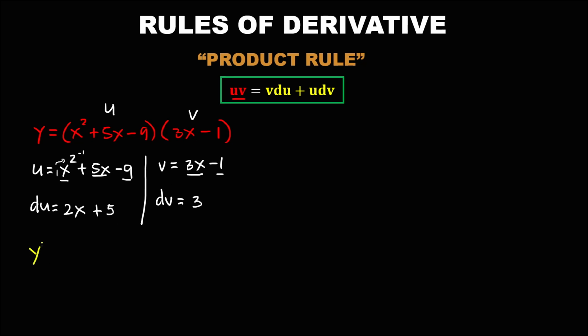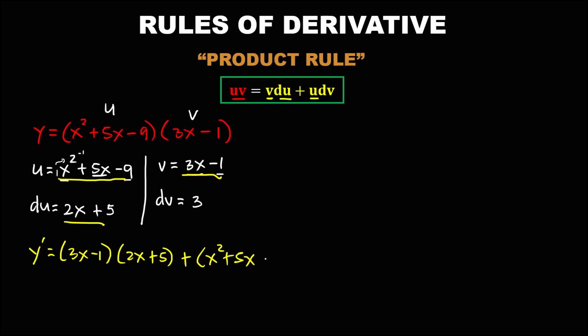Then to find out the derivative, y prime equals v, which is 3x minus 1, times du, and du is 2x plus 5, then plus u, which is x squared plus 5x minus 9, times dv, which is 3.